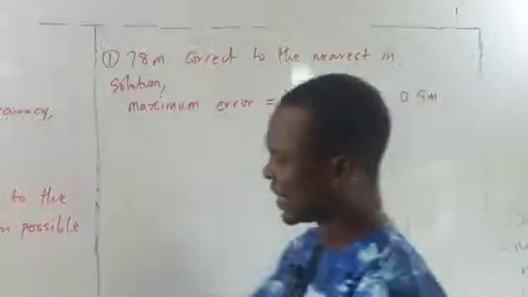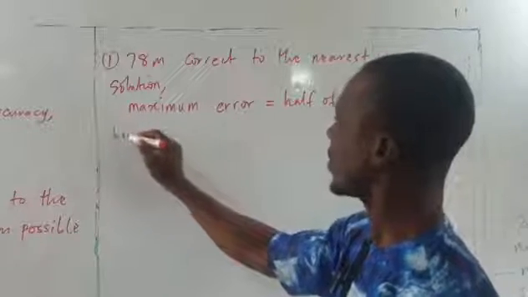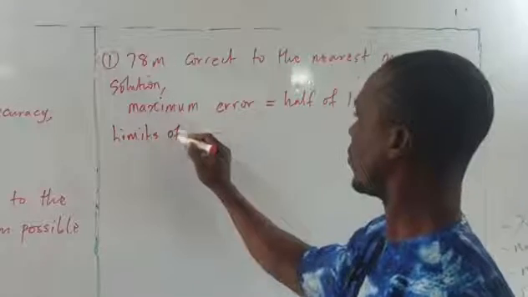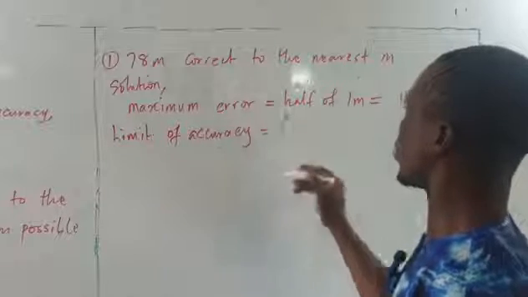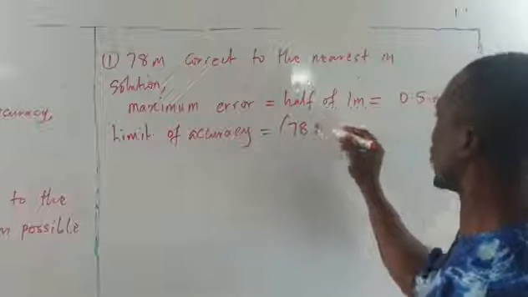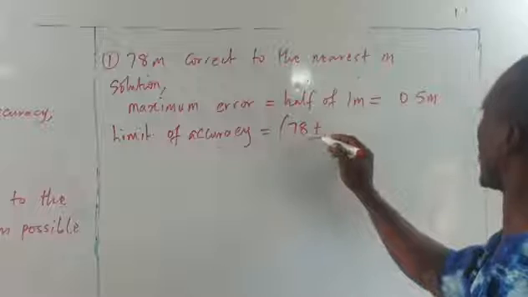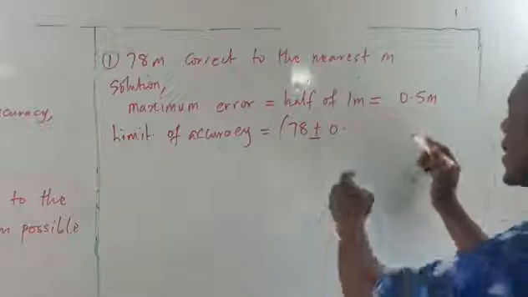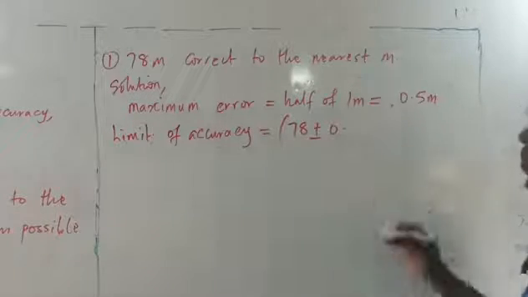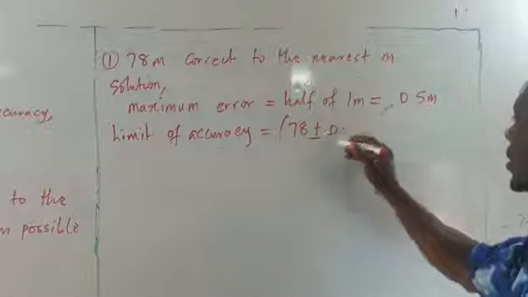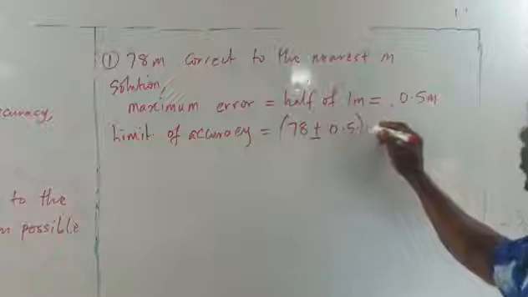Now to get the limit of accuracy. The limit of accuracy will be equal to 78 plus or minus 0.5, close the bracket, meters.